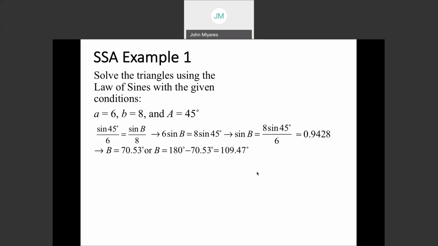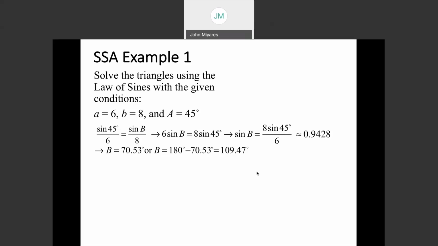Now you're probably asking yourself, if I've got this $100 calculator that's supposed to be the greatest thing since the slide rule, why can't it give me both answers to this problem right away? Well, it has to do with how the inverse sine is defined as a function.